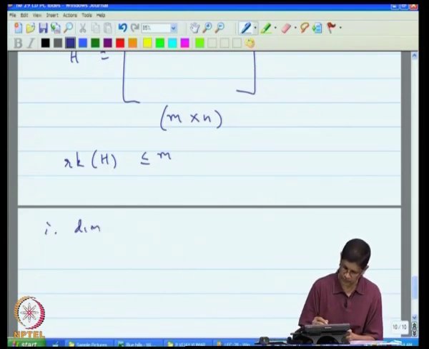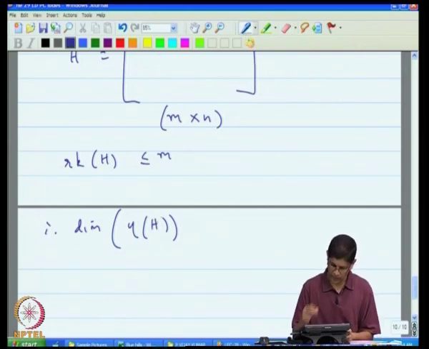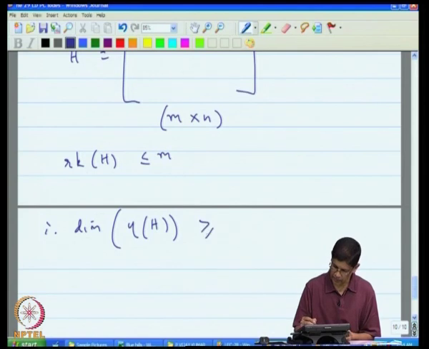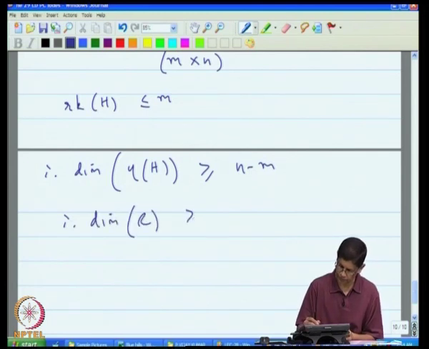Therefore, the dimension of the null space of H is greater than or equal to n minus m. Therefore, the dimension of the code is greater than or equal to n minus m.